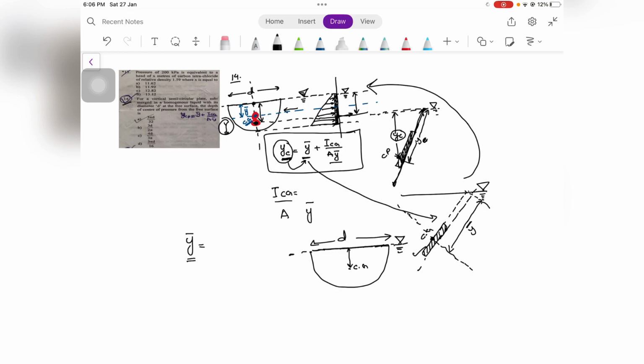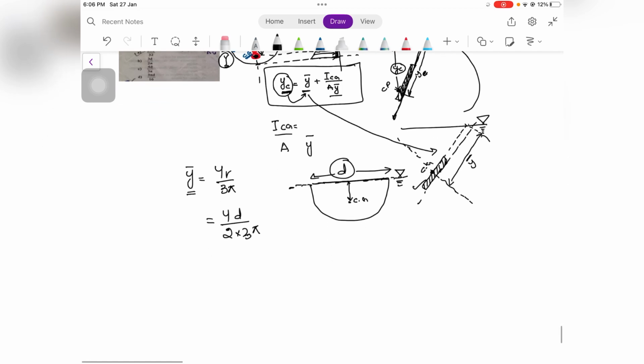The distance of the center of gravity from the base of a semicircle is given by the formula 4 times radius upon 3 pi. Since the equation is given in terms of the diameter, we can rewrite it as 4d upon 2 times 3 pi, since radius is half of the diameter.